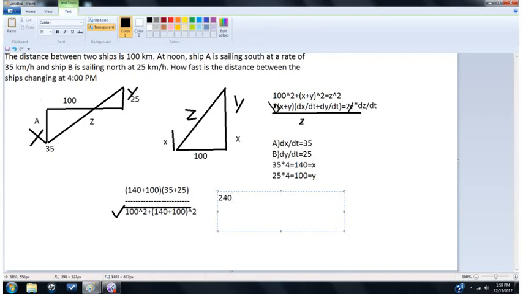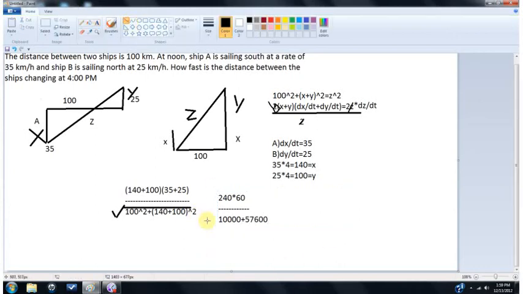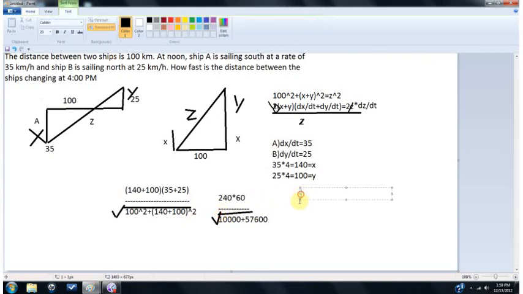So we get 240 times 60 over 10,000 plus 57,600. This gives us 14,400 over 67,600.